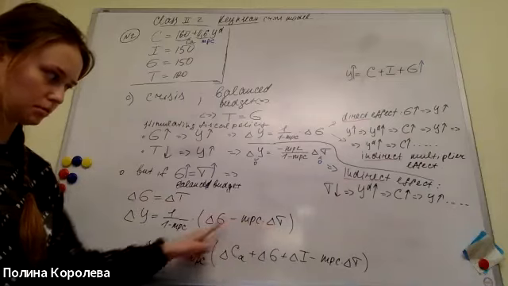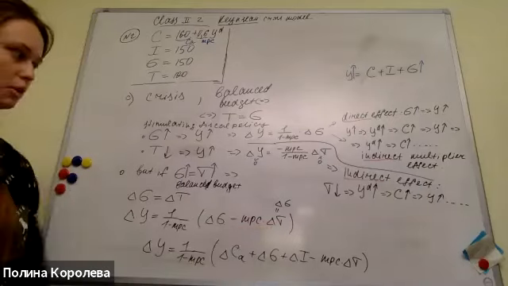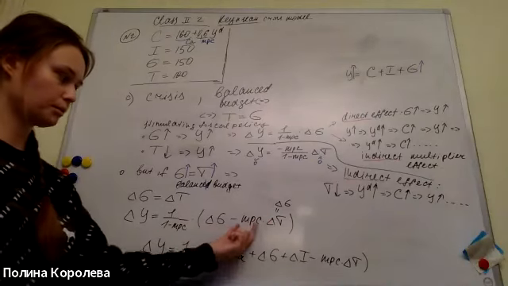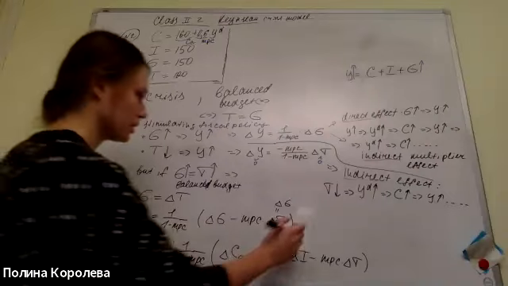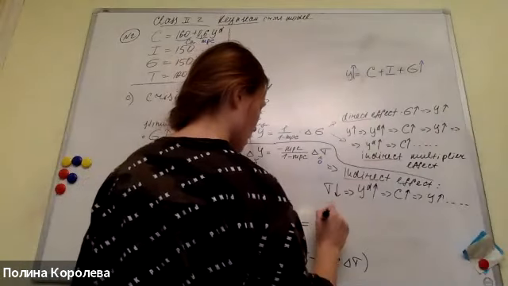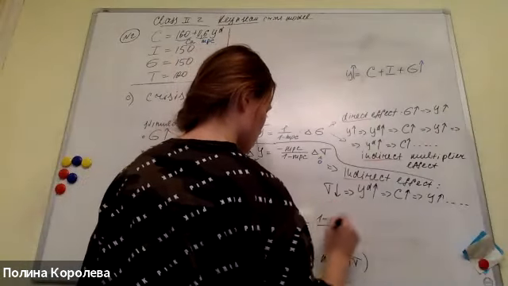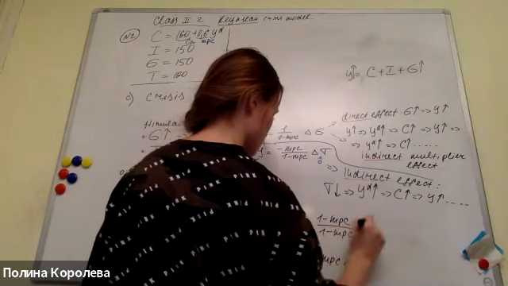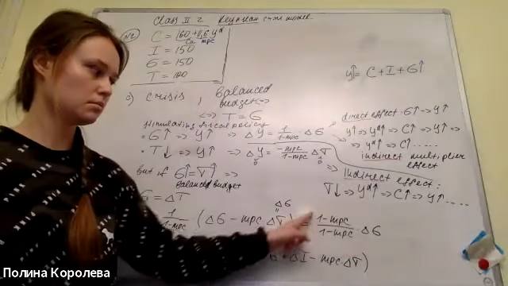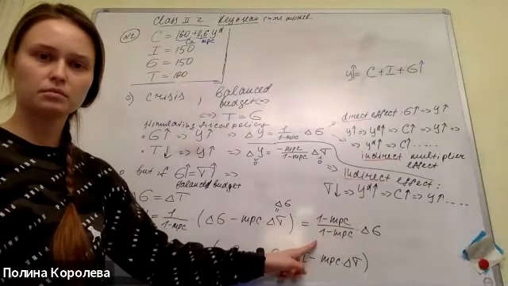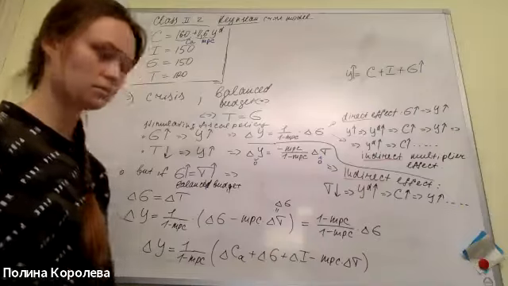So these two are equal to each other, yes? And we can write change in government spendings and put it out of brackets. What we will have? This will be 1 minus marginal propensity to consume over 1 minus marginal propensity to consume, multiplied by the change in government spendings. This equals 1. Yes?